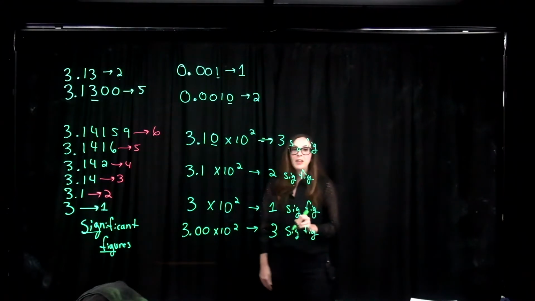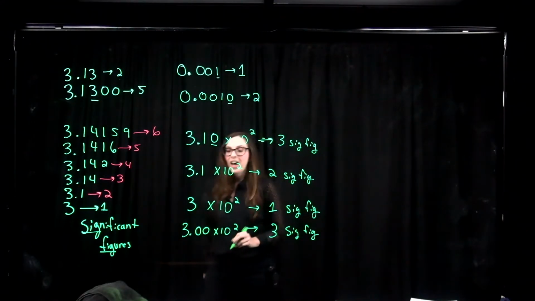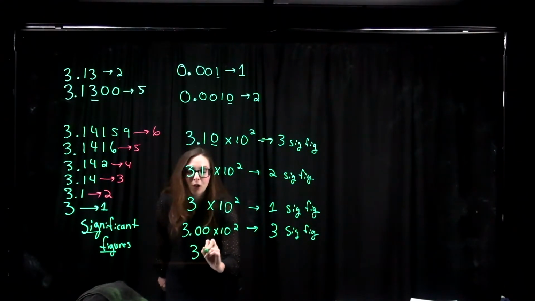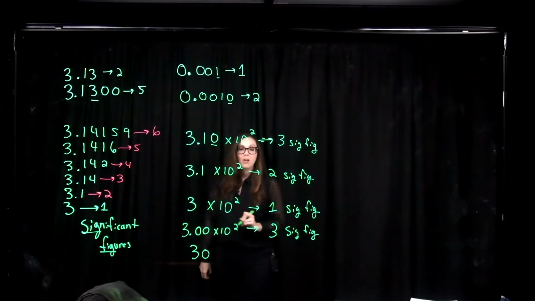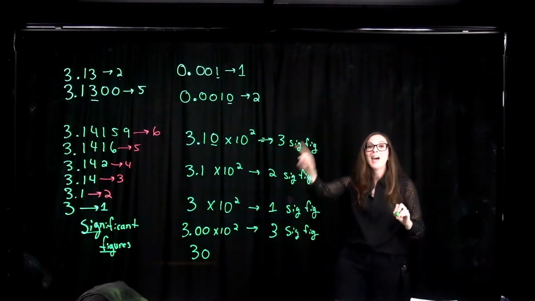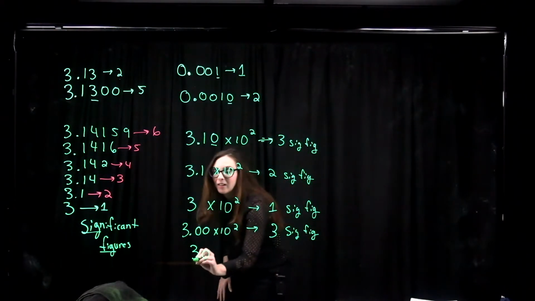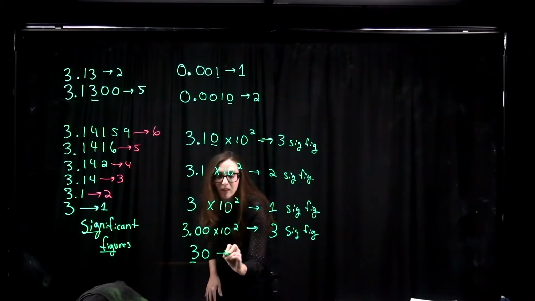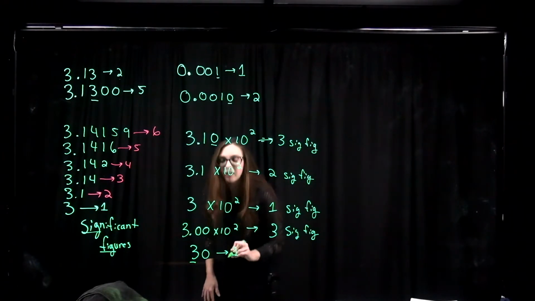Okay, well, one more thing. Let's say I have this number 30. Okay, 30, as it's written right here, only has 1 significant figure. This number, the 3 out in front here. Okay.